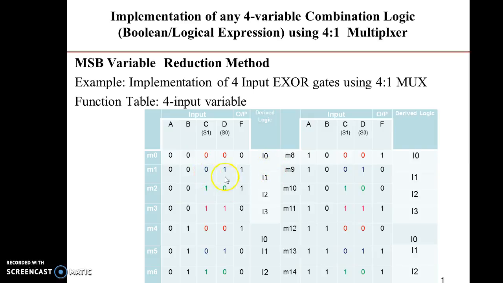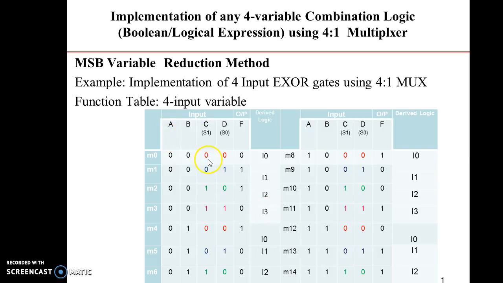If the select input combination is 0 1, the I1 data input pin logic will be transmitted. For 1 0, the I2 data input pin logic will be transmitted. When C and D become 1 1, the I3 data input pin logic will be transmitted to the output. So I derive the logic corresponding to the data input pins of my 4:1 multiplexer with respect to the A and B variables.